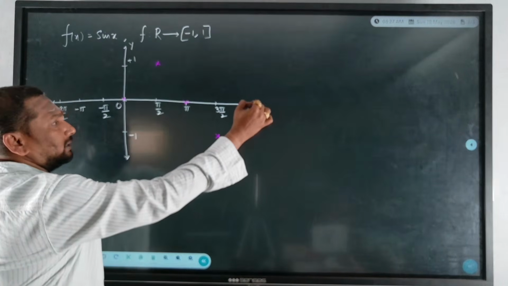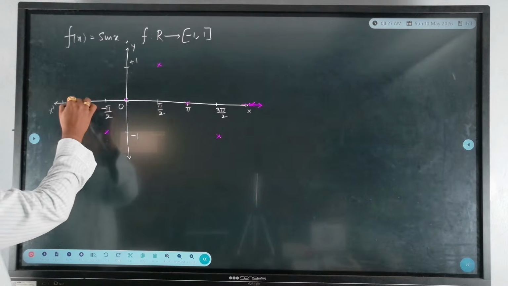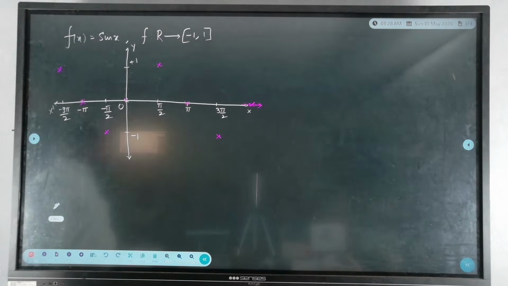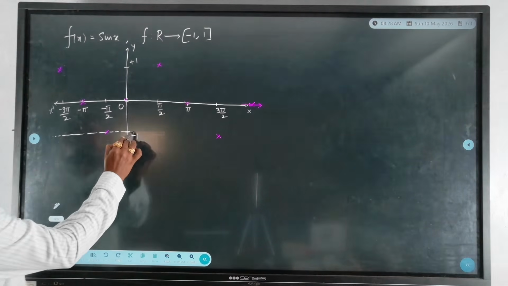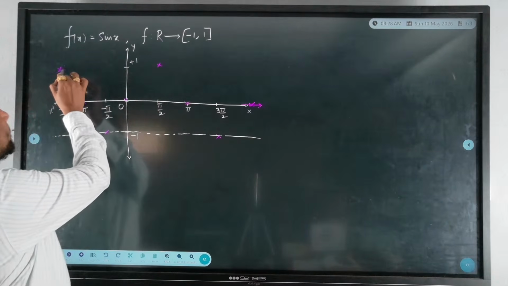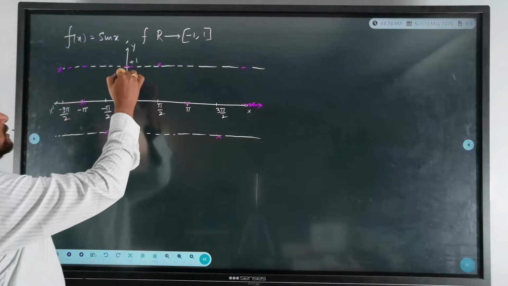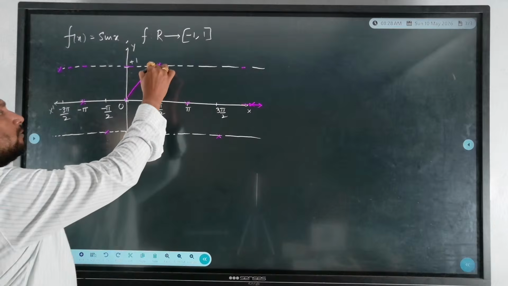If you extend, sin 360 is 0, sin -90 is -1, sin -180 is 0, sin -270 is 1. If you observe, right, this is the graph.